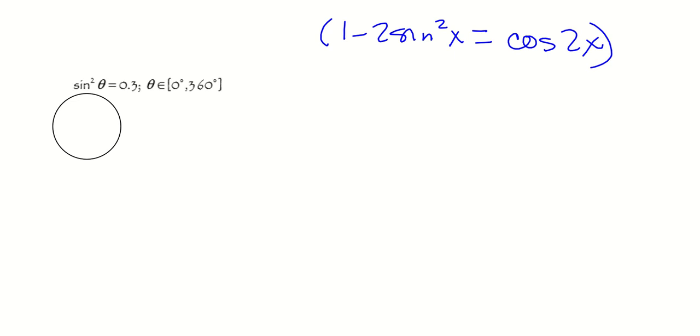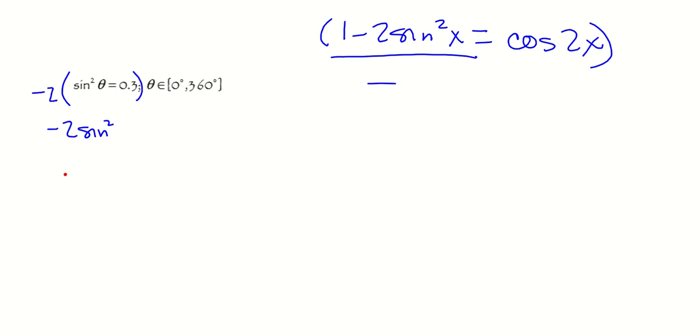If I take this equation and multiply both sides by negative 2, remember I'm trying to get 1 minus 2 sine squared of x, then I get negative 2 times the sine squared of theta equals negative 2 times 0.3, which is negative 0.6. Okay? So now I've got this negative 2, and I would like to have a 1.